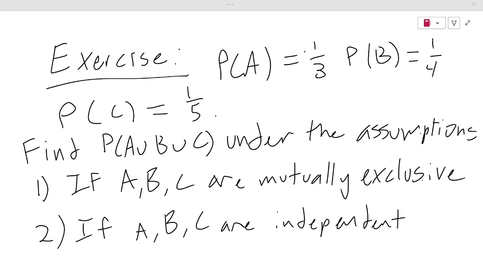And then we're going to find the probability of A union B union C under the following assumptions. The first assumption is that all of the events are mutually exclusive, and the second assumption is that all the events are independent. So there's two steps to this problem. First, find A union B union C if they're mutually exclusive, and then find it if they are independent. Okay? Good luck. We'll go over the answer in the next video.